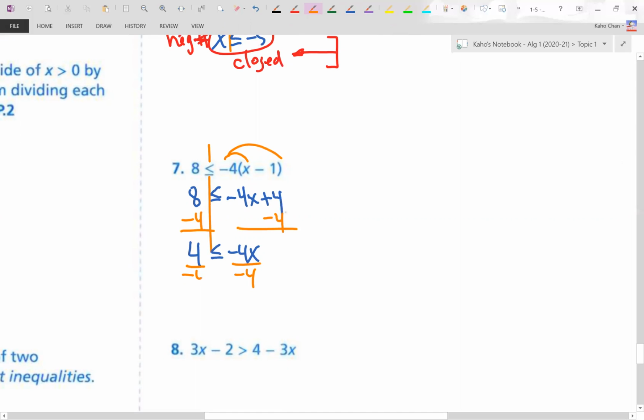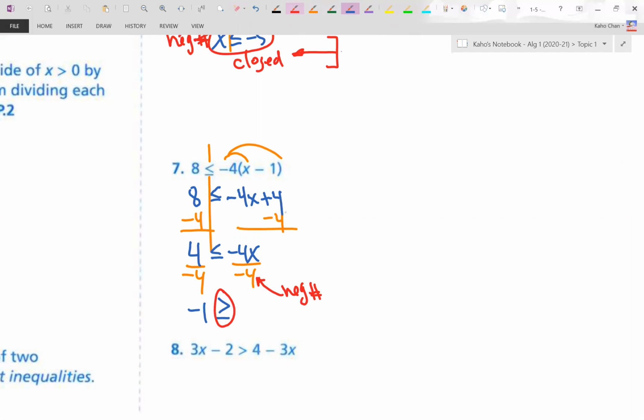Or is it? 4 divided by negative 4 is negative 1. And because we're dividing by a negative number, don't I have to switch the direction of the inequality? I certainly do. Here's the other crazy thing.